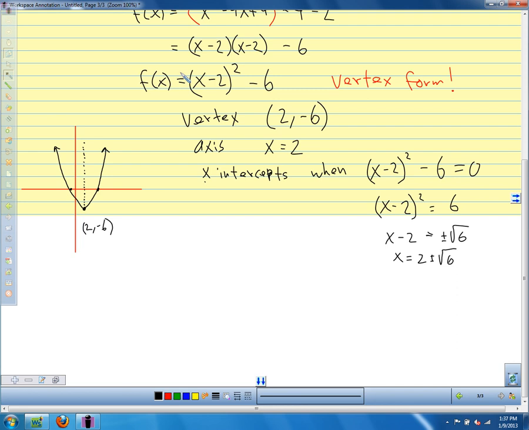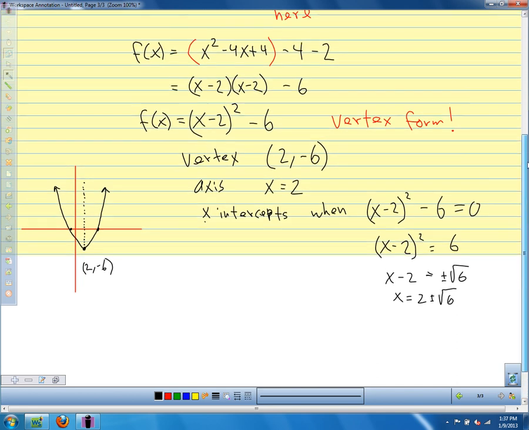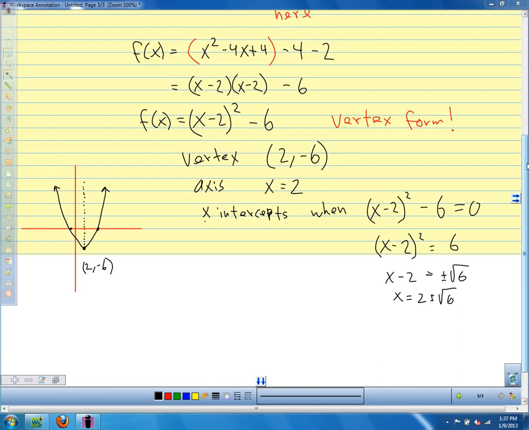All right, any questions on what we did there to put our quadratic function into vertex form? No questions?